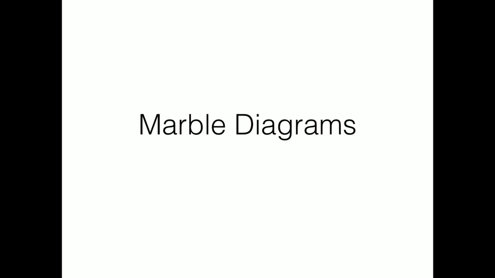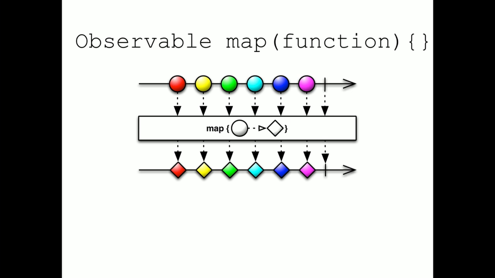And two, you can use so-called marble diagrams. The diagrams, in some cases, are more explanatory than the text. This is an example. All Rx libraries will have these marble diagrams. So when you look at something like this, this is how they describe a map function as a marble diagram.